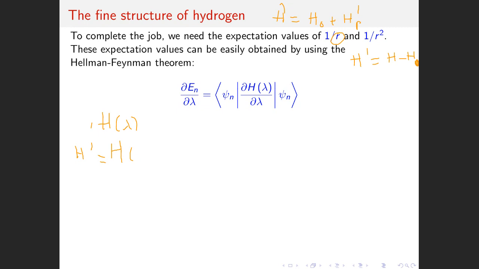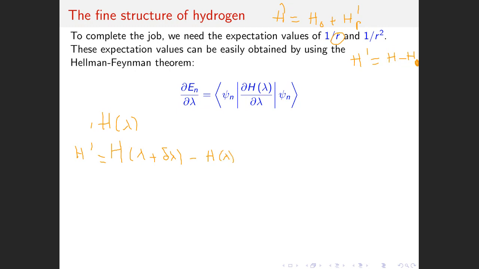So let's say you have some original Hamiltonian that depends on lambda. Then you look at the Hamiltonian at lambda plus some small change in lambda, and you subtract the original Hamiltonian, which is just a function of lambda.